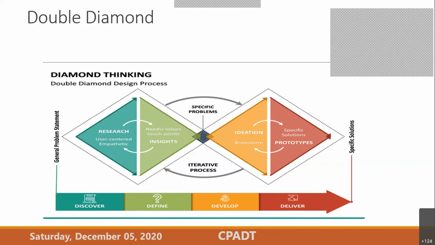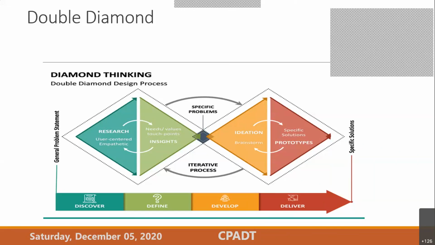And then finally you deliver it to the end user. So these are the 4 phases of any design thinking. Double diamond is discover, define, develop, deliver. Discover and define are part of your first diamond. Develop and deliver are part of your second diamond.